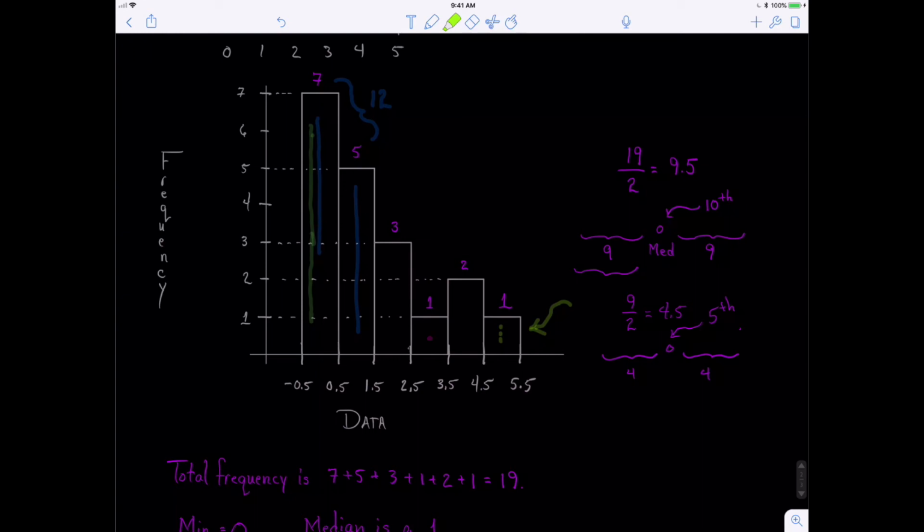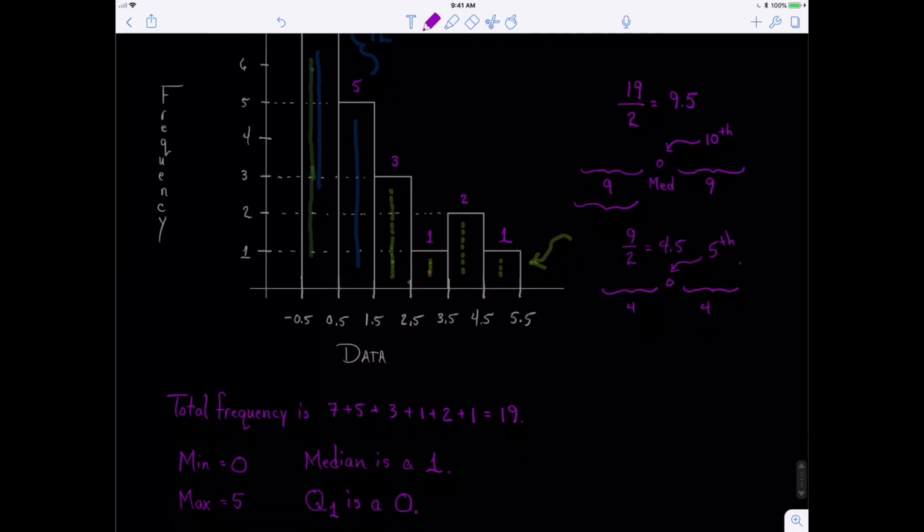If I look to the next one, I've only accounted for 3 values, but I need to get to the 5th value. If I move to the next bin, that's 3 plus one more. I've only accounted for 4 values, but I need the 5th, so I have to go to the next column. In other words, Q3, or the median of the upper half, has to lie between 1.5 and 2.5. Since those are boundaries, it has to be at 2.